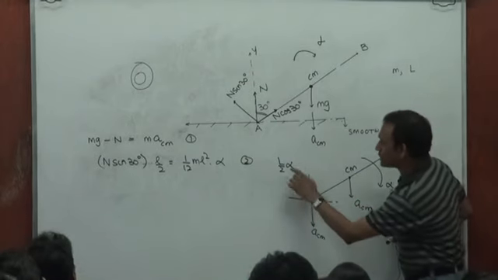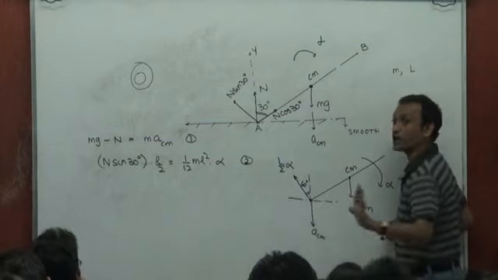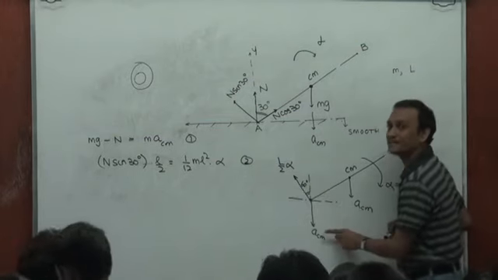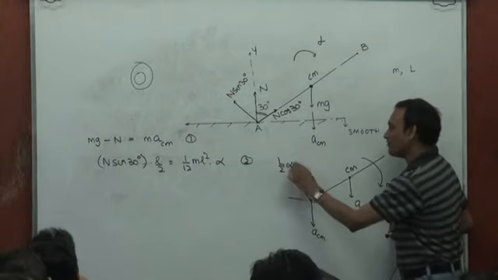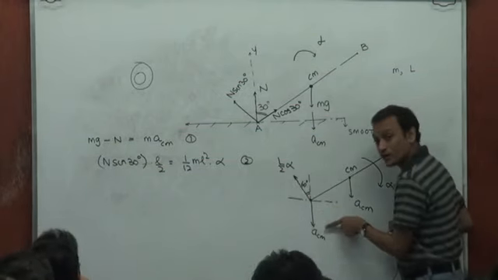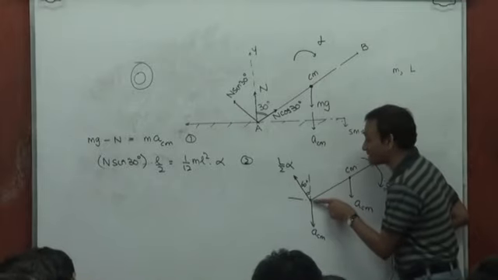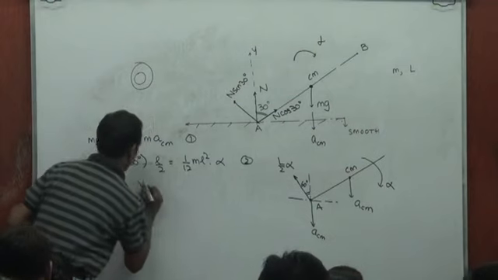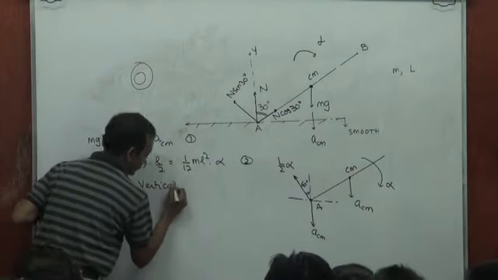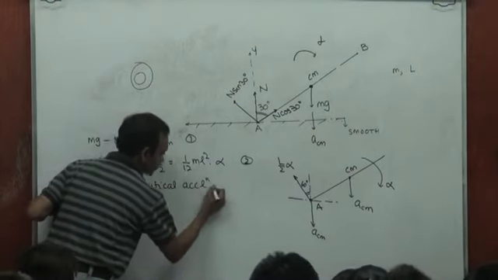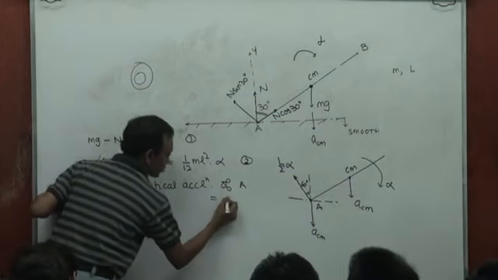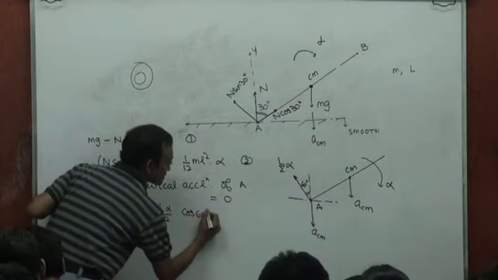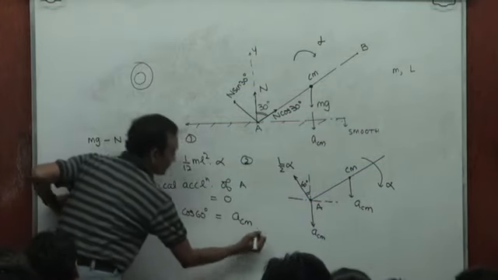In the vertical direction, L alpha by 2 and A_CM must add up to 0. So L alpha by 2 cos 60 degrees must counter A_CM so that the vertical acceleration of this point is 0. So vertical acceleration of A being 0 would mean L alpha by 2 cos 60 degrees equals A_CM.